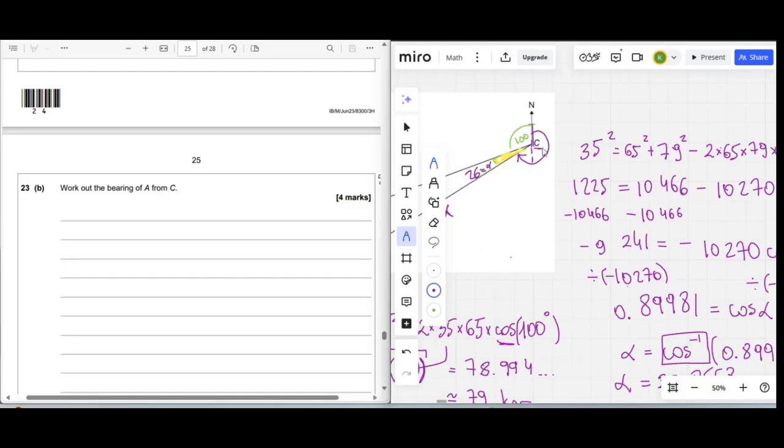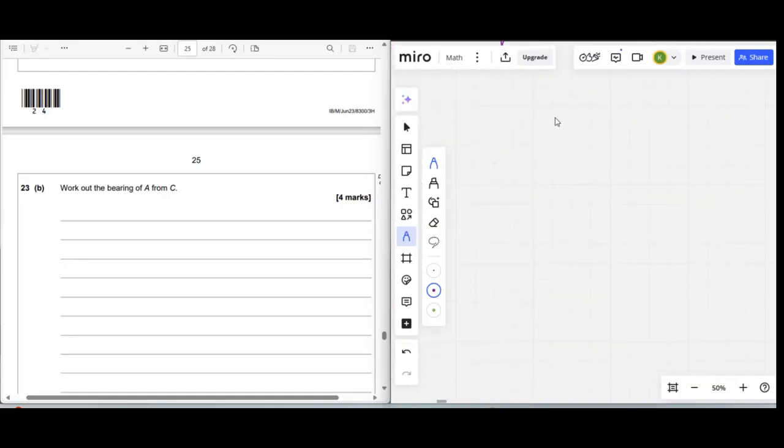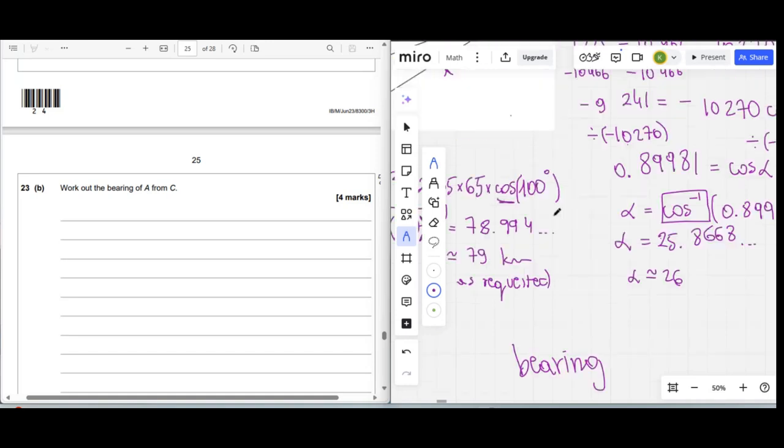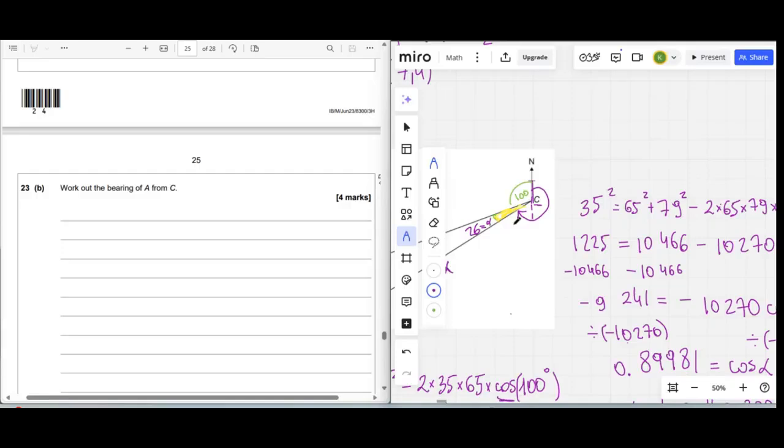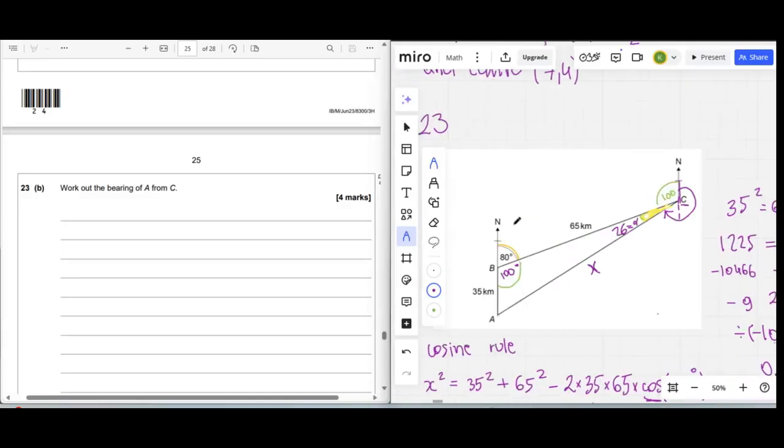And thanks to that, our bearing will be the whole circle, 360 degrees, minus that 100 that is known from where we have two parallel lines crossed by the third line.